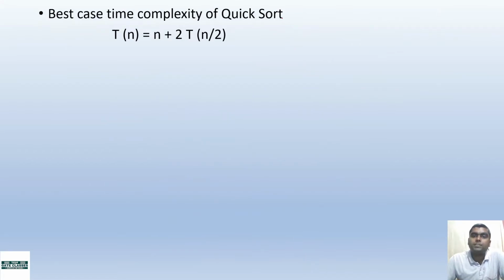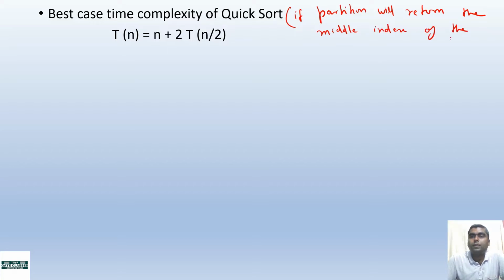So what will be the best case time complexity? In this case, if partition returns the middle index of the array, something like that.